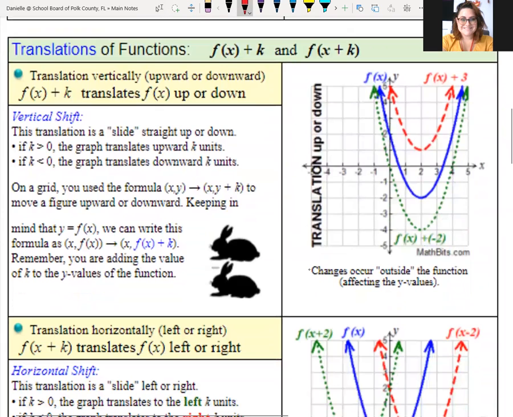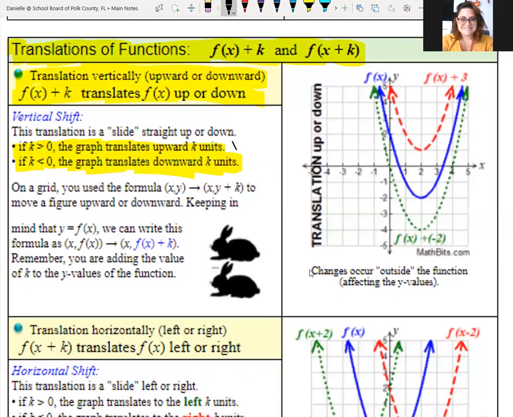When we come down to translations, this is when I either move my graph up, down, or I move it left and right. Right here, this says that if it is a positive number, we go up, and if it is a minus number, we go down.